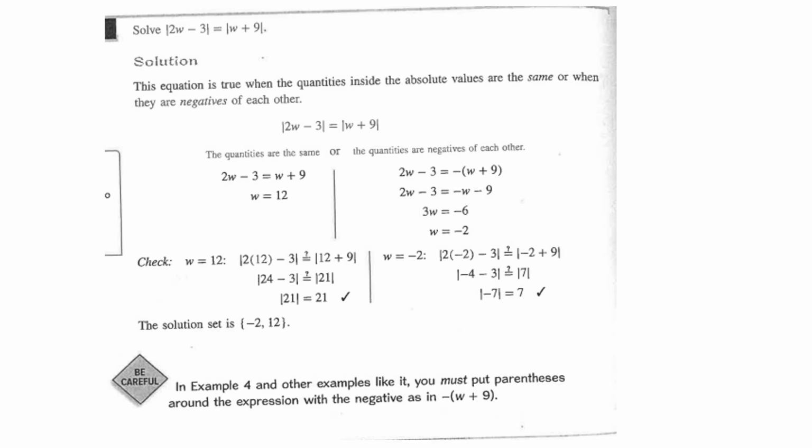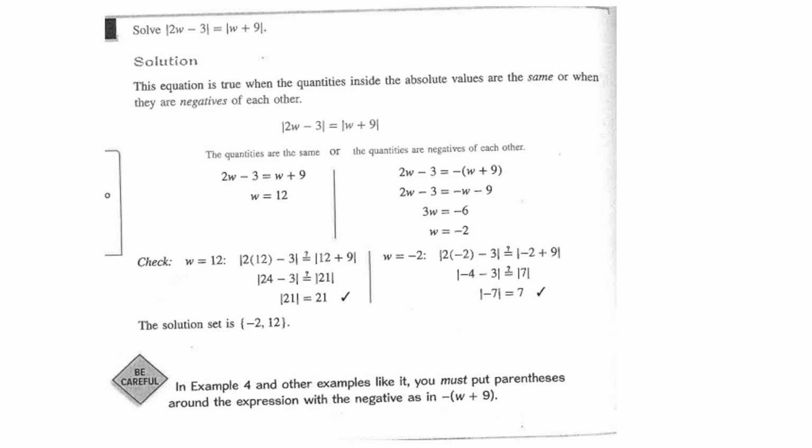And we solve that and get w = 12. Or if the quantities are negative of each other, we would write 2w - 3 = -(w + 9). Again, we're saying that they're negatives of each other, so it's 2w - 3 is equal to negative the whole of w + 9 in parentheses, in which case we solve it and we get w is equal to -2. So the solution set here is -2 and 12.